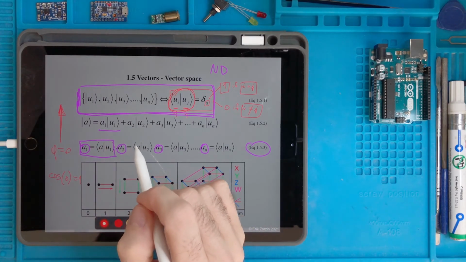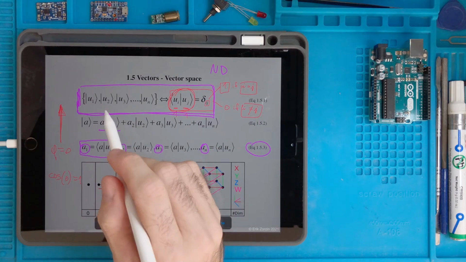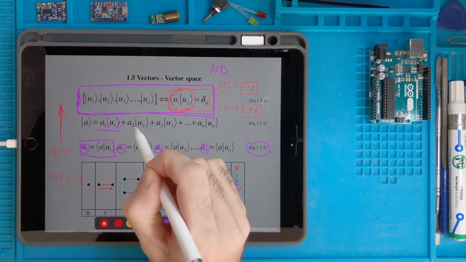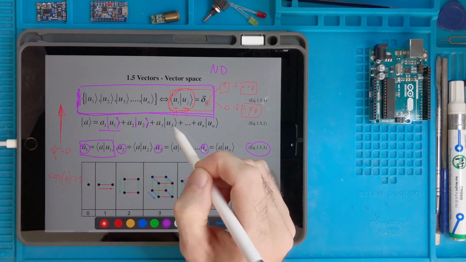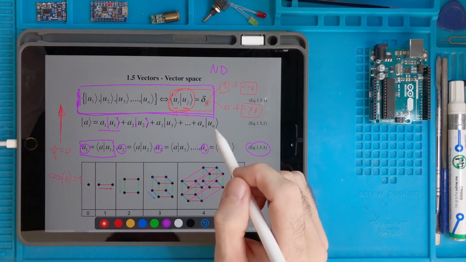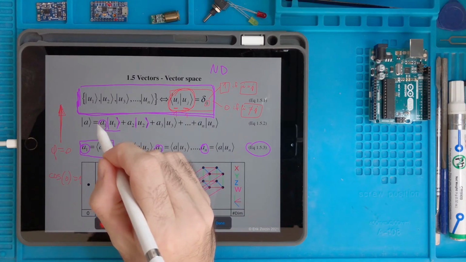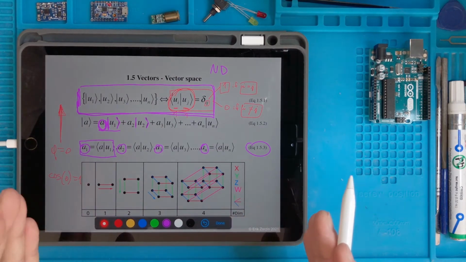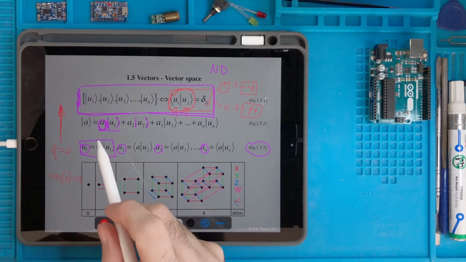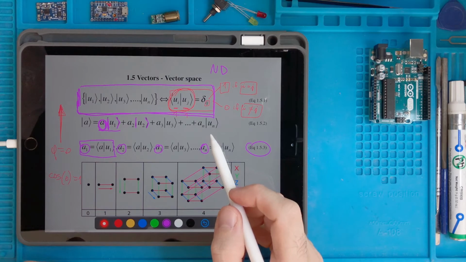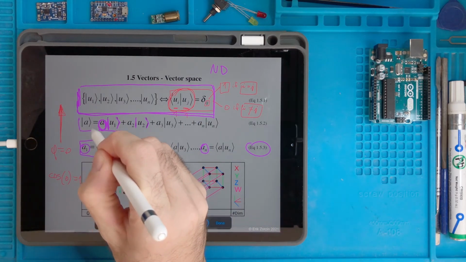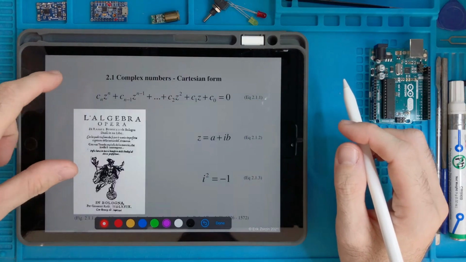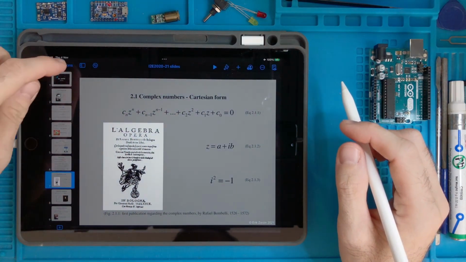By summating vectors which are directed along the elementary directions u1, u2, u3, un, multiplied by a coefficient which makes these vectors longer or shorter in that direction, we can recompose the original vector. So now I do a drawing, so maybe it will be more clear.